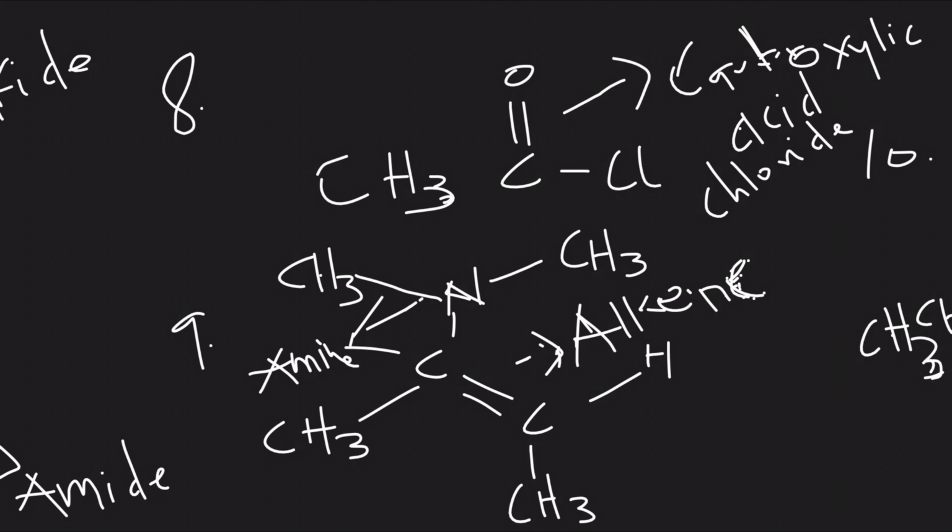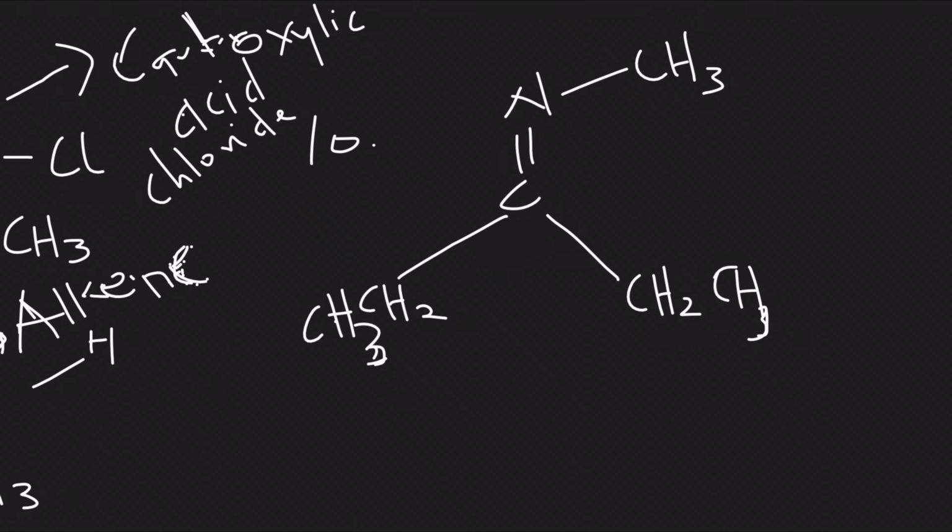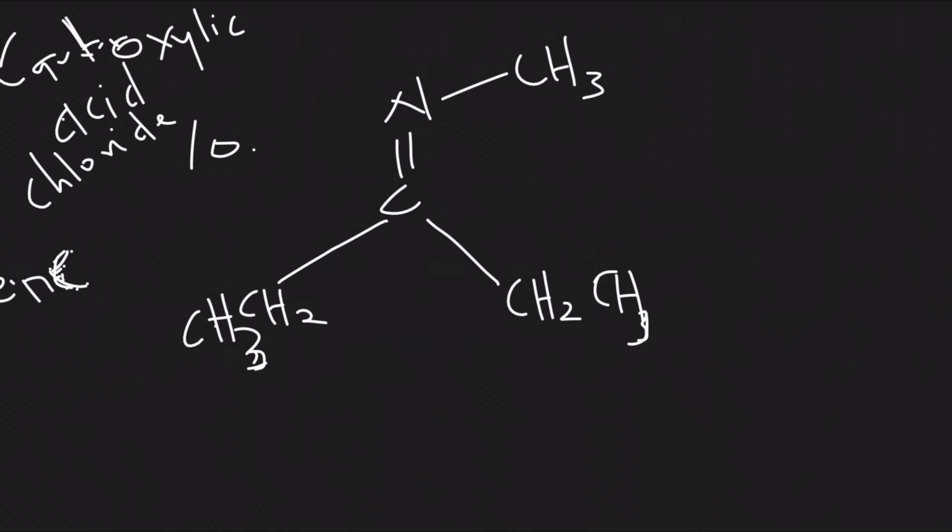Now let's get to our last example. This is a very peculiar structure. If you look at it closely, we have a carbon bonded to a nitrogen, but unlike the previous one we dealt with, this carbon is double bonded to a nitrogen. It has 2 bonds between the carbon and the nitrogen, and this will remind us of what?